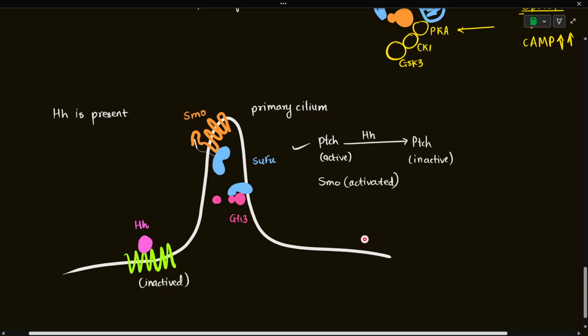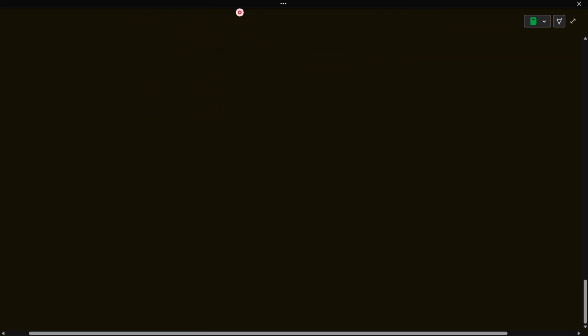But in the case of Drosophila, the proteins that engage in this signaling pathway are different. For example, cubitus interruptus is the transcription regulator in Drosophila. In the case of Drosophila, the primary cilium is not formed.